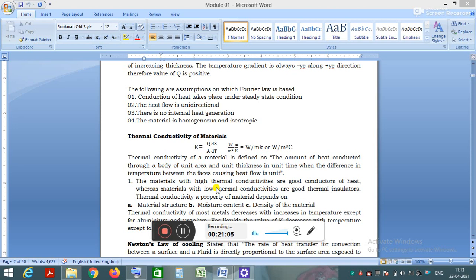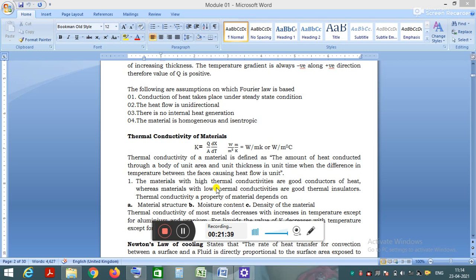Q is the heat in watts, A is the area in meter square, dx is the length of the material in meter, and dT is the temperature in Kelvin. Meter gets cancelled, we are left with watt per meter Kelvin or watt per meter degree Celsius. This is the unit of thermal conductivity of the material.